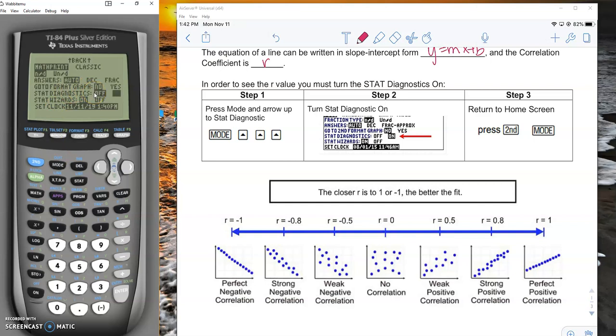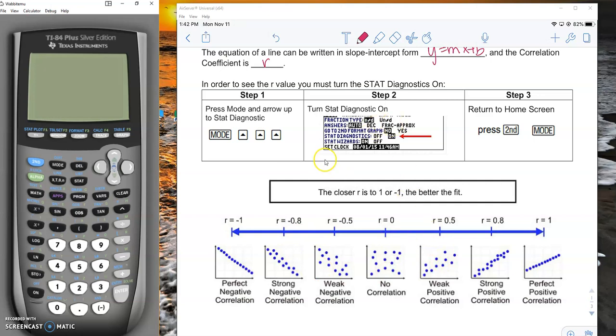So you're going to scroll to the right and then click enter so that on is highlighted or bolded, and then click second quit. Now you won't see any immediate changes, but you will see it when we do our stat calc steps. So down at the bottom of your first page of notes, basically the front page is just information.